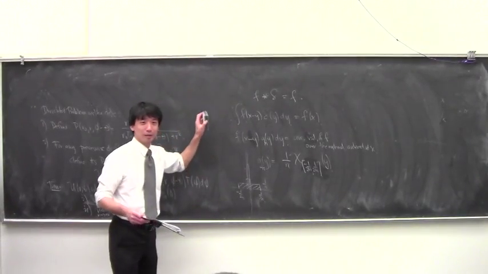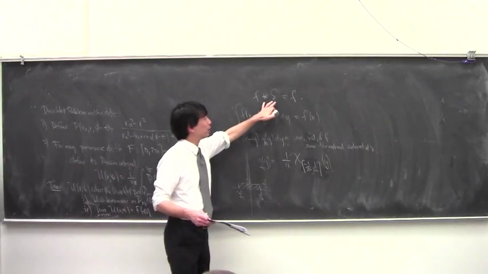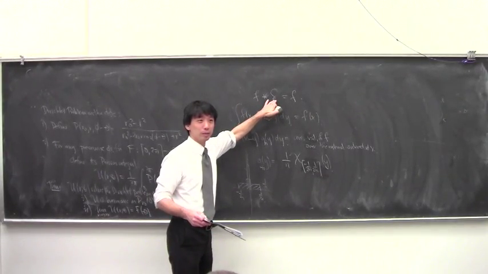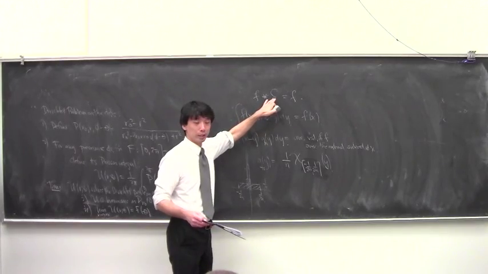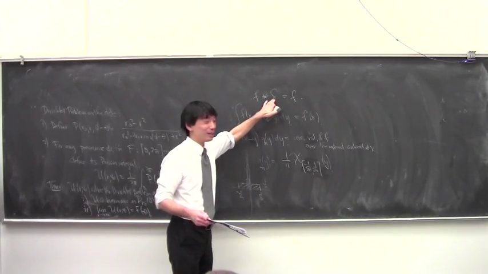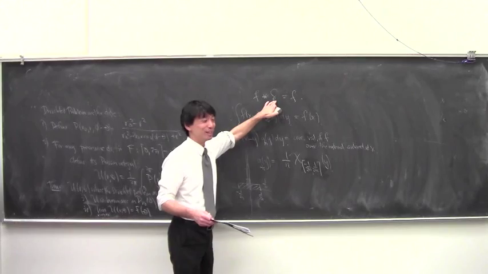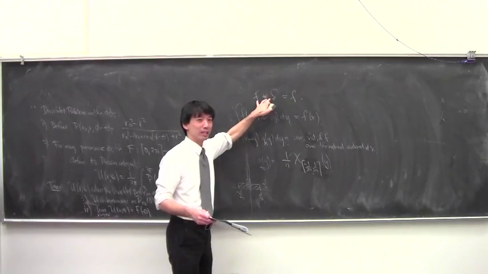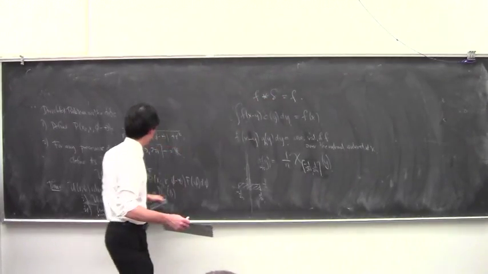So long and short is that there's this thing that you'd like to convolve against. The Dirac delta function, which is not a function, would be the identity for convolution. Okay.